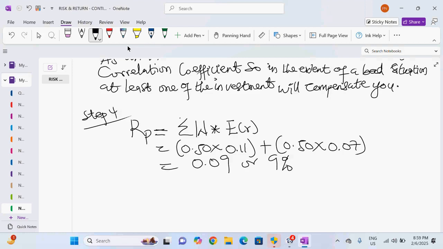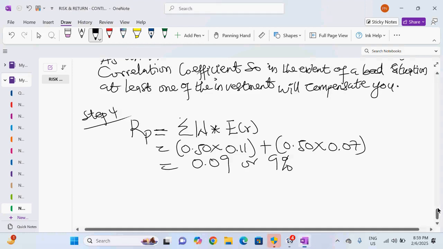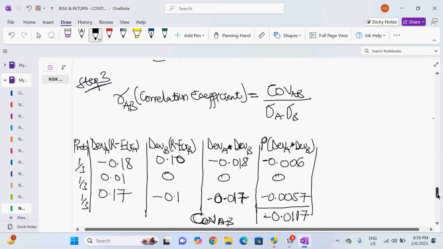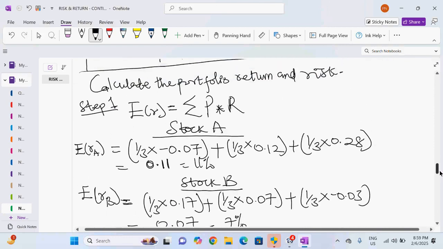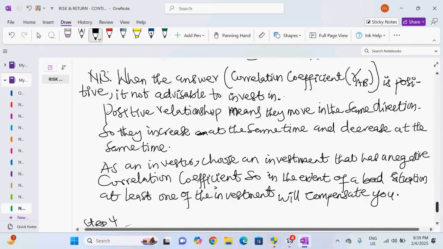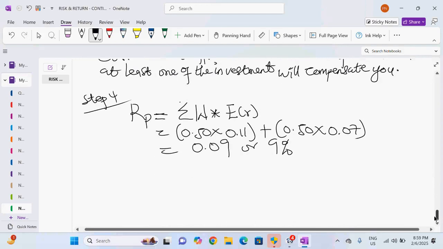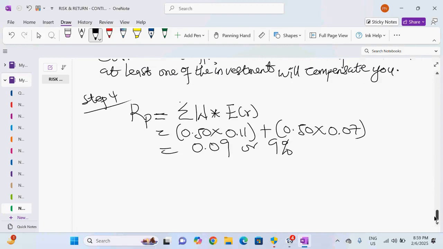Yes, it's expected return, because the portfolio is talking about two or more returns, so the expected returns of each of them. All right. Thank you very much for the correction.